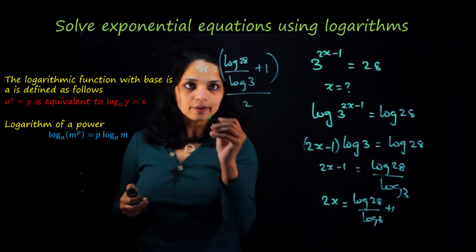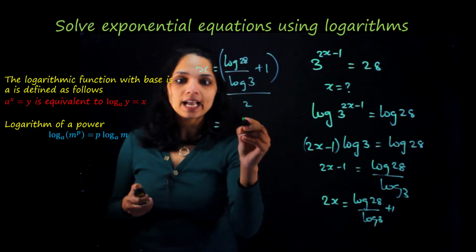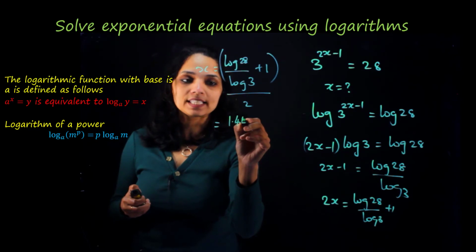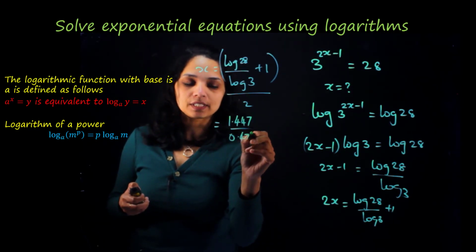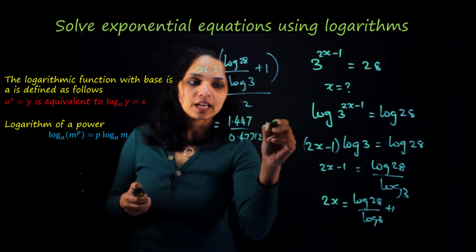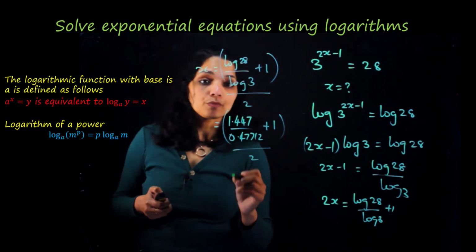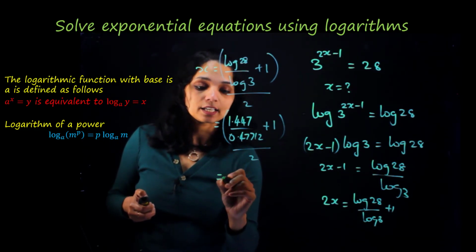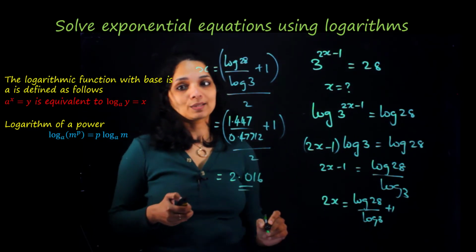Now we can use the calculator to find log 28, which is 1.447, and log 3 is 0.47712, and then that plus 1, the whole in the bracket, divided by 2. When you perform this calculation, you will get the answer as 2.016, to 3 decimal places.